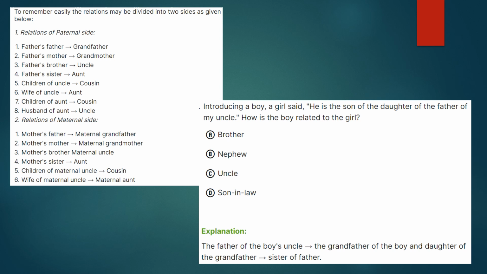The father of the girl's uncle: who is that person? The grandfather of the girl. And the daughter of the grandfather, who is that? It is nothing but the sister of the father. And then you can see it is easy to answer: the boy is her brother. The boy and the girl are brother and sister.